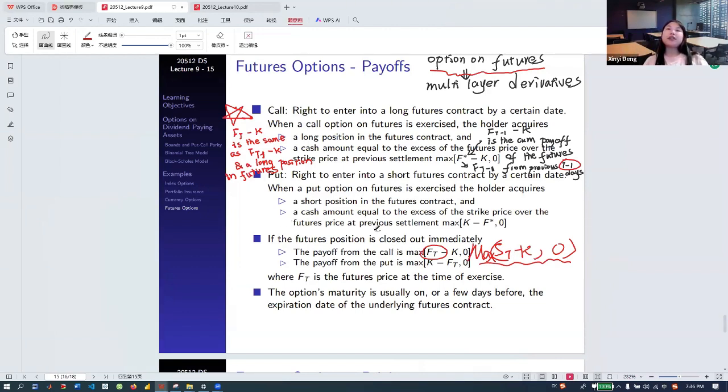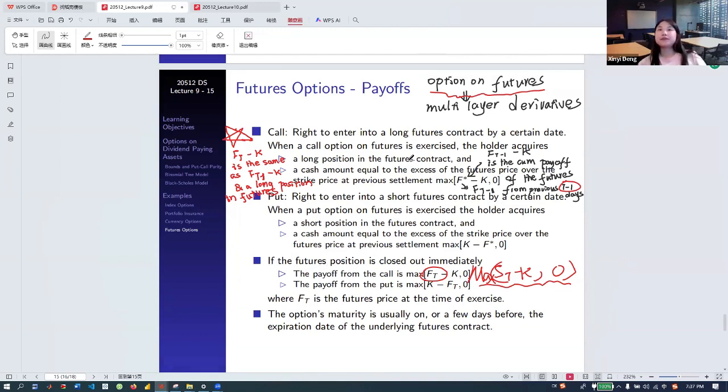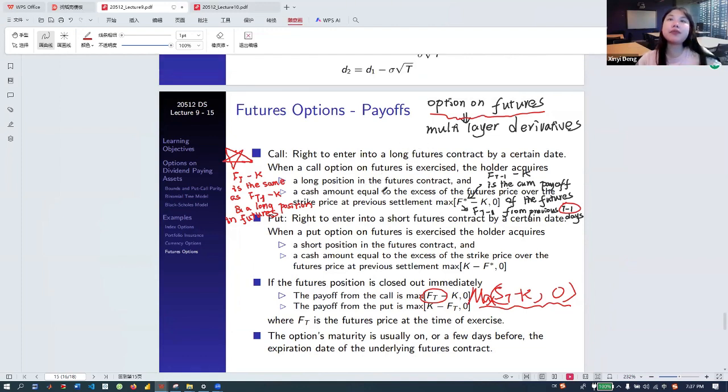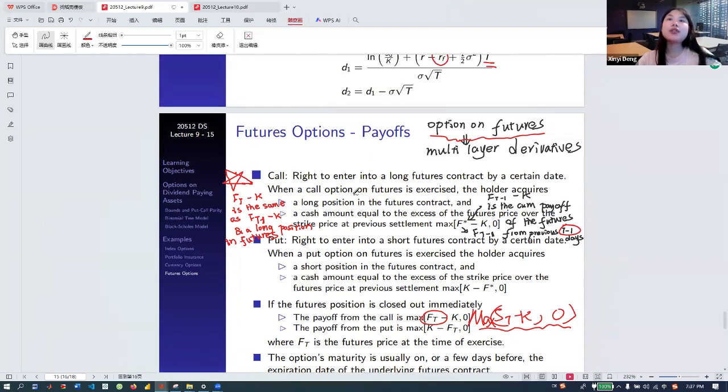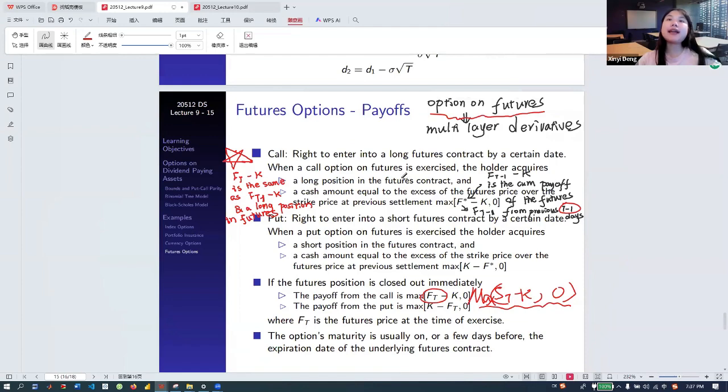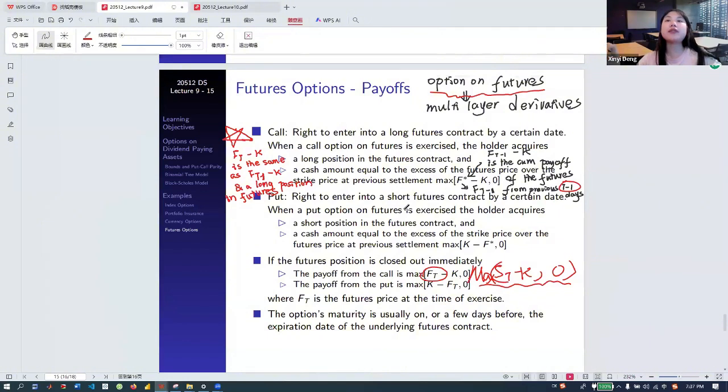The other way of settlement is that you actually enter into the futures contract. That's the first and second bullet points here, which describe the second way of settlement, physical delivery. So futures options can be cash settled or involve physical delivery.